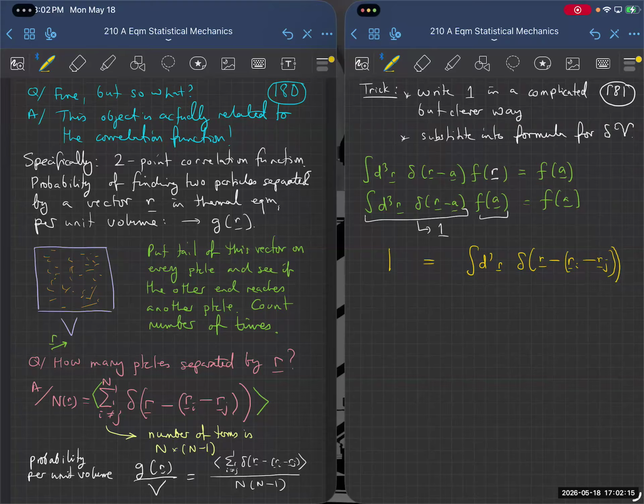So that has to be true. You tell me what i is, you tell me what j is, and therefore what ri minus rj is. It's just a number. So this ri minus rj is kind of like this a in the formula above, and so that is equal to 1. Okay, so that's definitely a true statement.